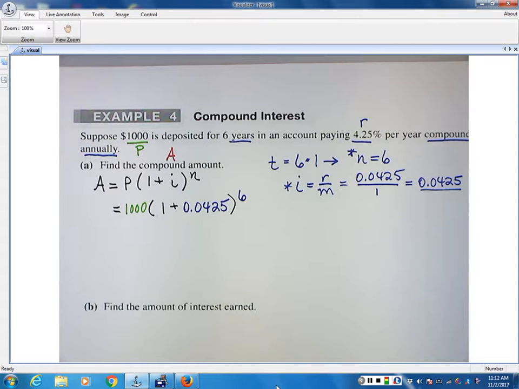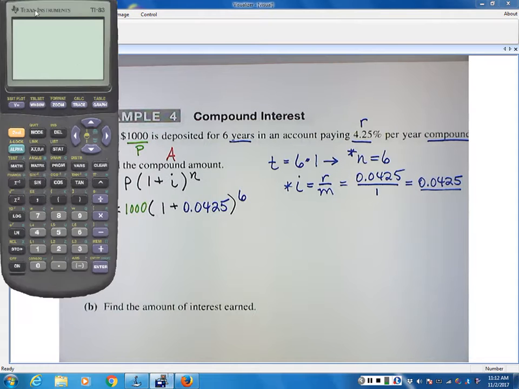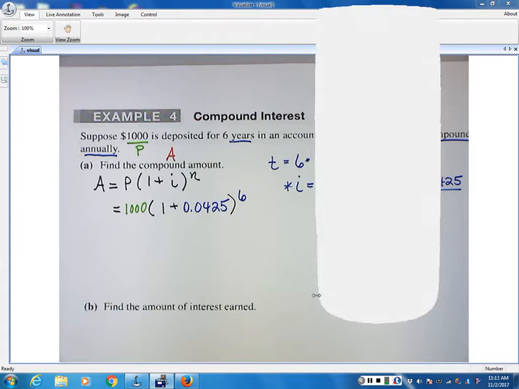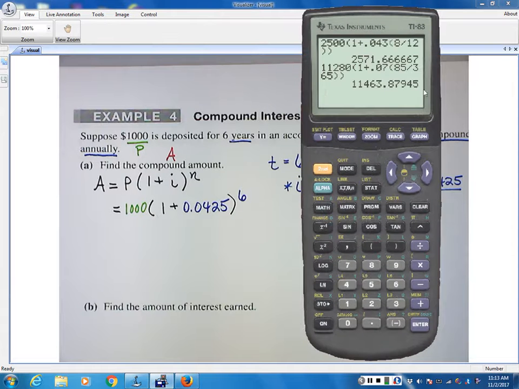So we're going to calculate A. $1,000 times 1 plus 0.0425 raised to the power 6.